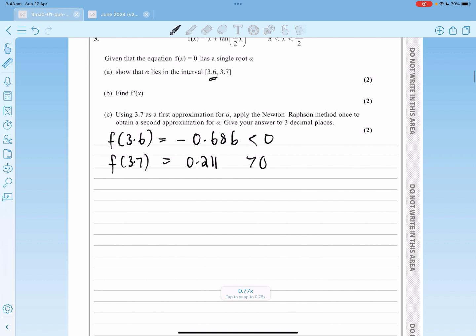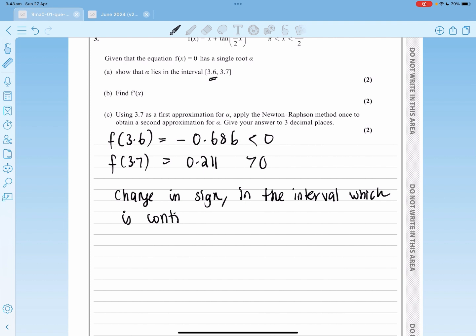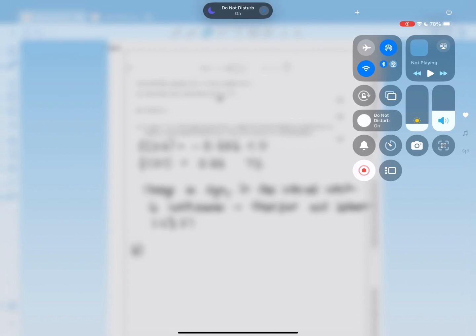So what you would write, you would say change in sign in the interval which is continuous. Therefore, root between 3.6 and 3.7.